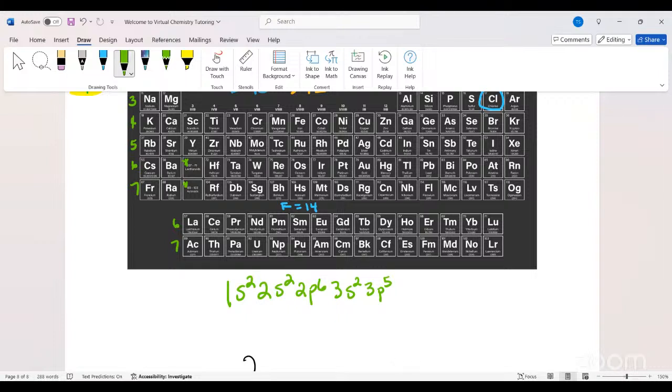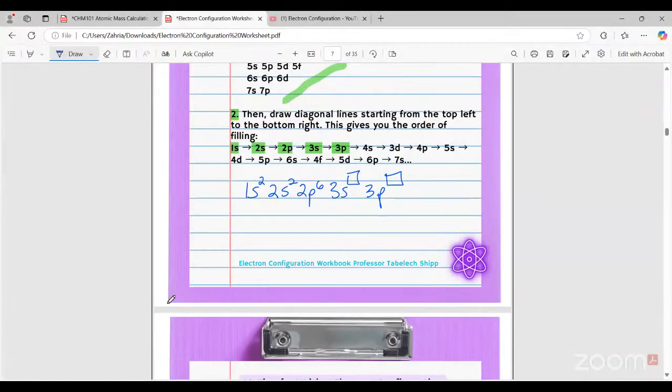Okay, remember the order is based on what I showed you on that purple handout. The order that you fill them in was on that purple handout. Okay, that's the order. 1s, 2s, 2p, 3s, 3p. That's the order.